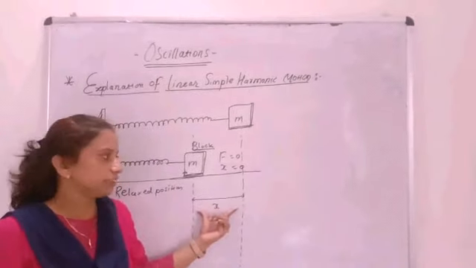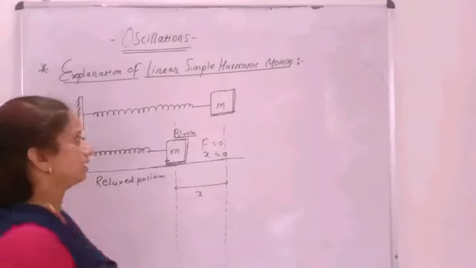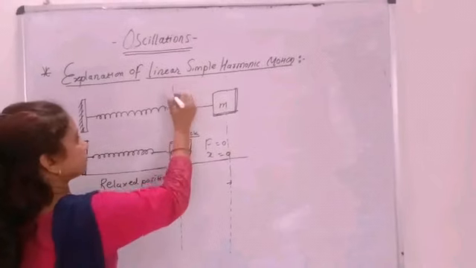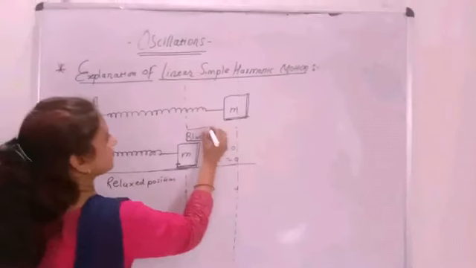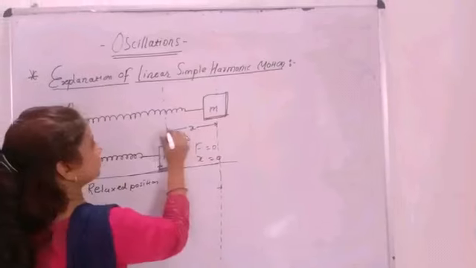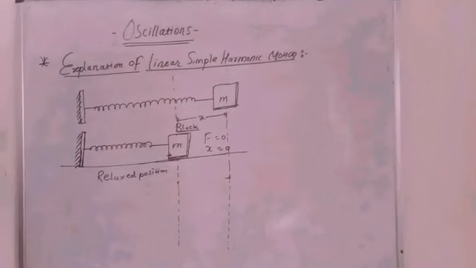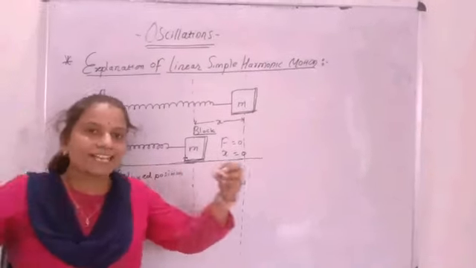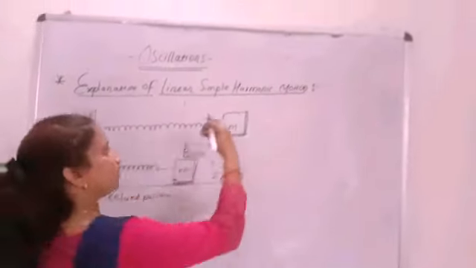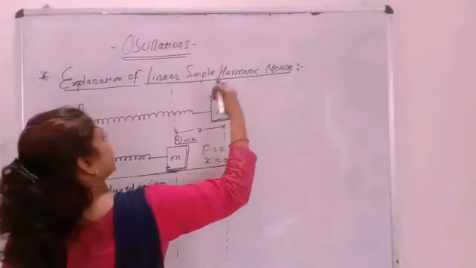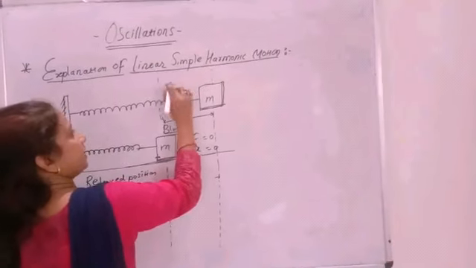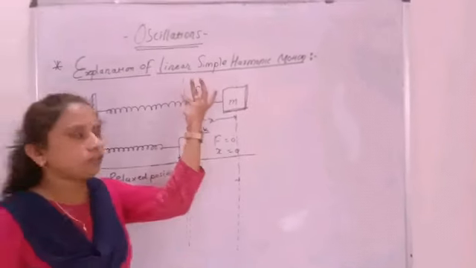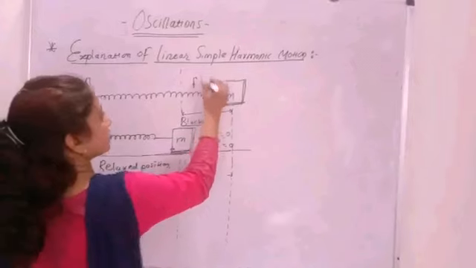So the displacement is x here. And when this spring is stretched, the force acting is inward, and that force is k into x.